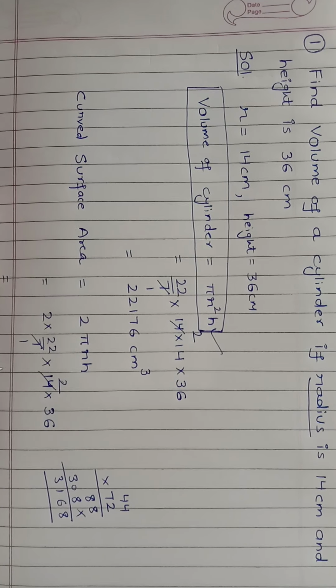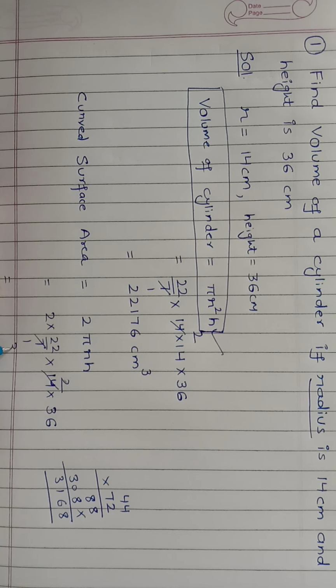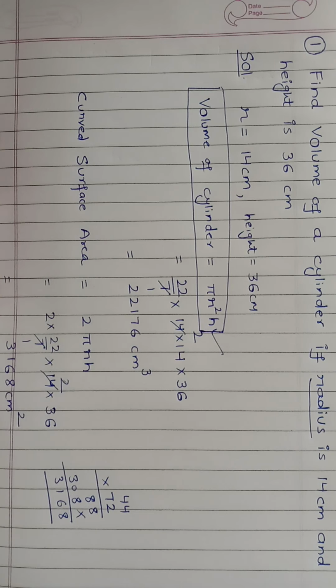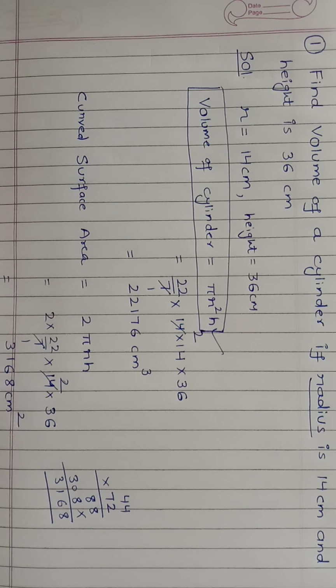This is the answer: 3168 centimeter square. So it is the CSA of a cylinder.